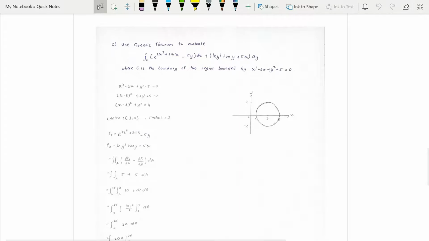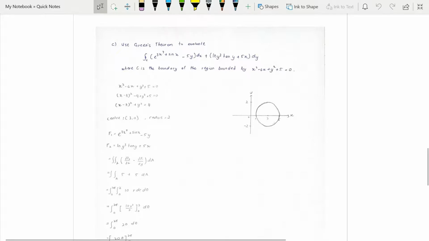For C, use Green's theorem to evaluate the integral of (e to the power of 3x to the power of 7 plus sin x minus 5y) dx plus (ln y to the power of 3 tan y plus 5x) dy, where C is the boundary of the region bounded by x squared minus 6x plus y squared plus 5 equal to 0.